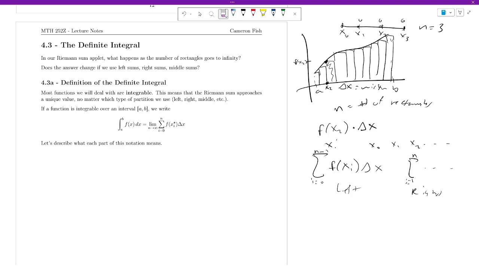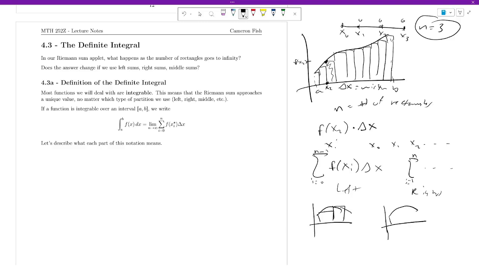Okay, so last time we did this all for a fixed number of rectangles. We said 3 rectangles, or 4 rectangles, or 10 rectangles. The whole idea we started with was, if I have a small number of rectangles, maybe 2 rectangles to start with, approximating my function, that's a pretty weak approximation, but it's a good start.